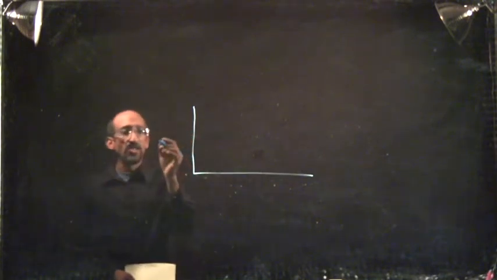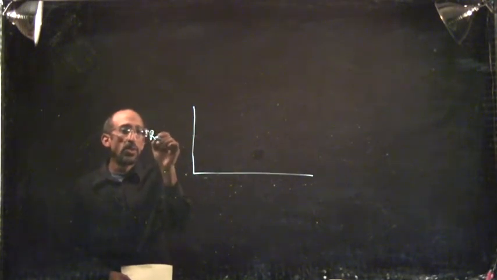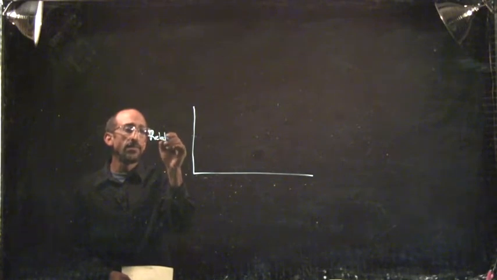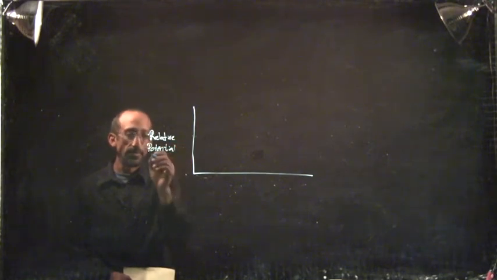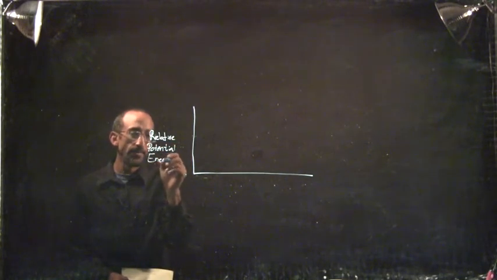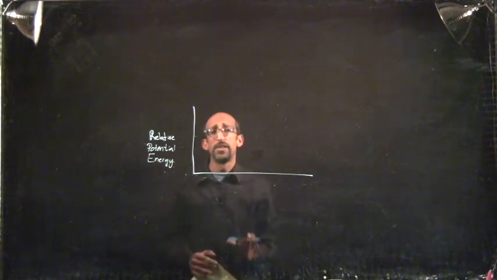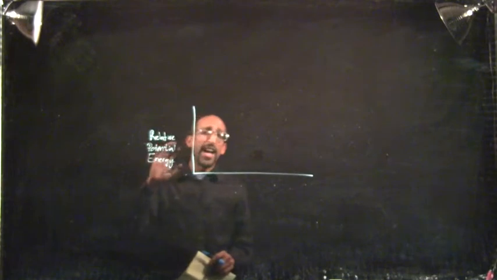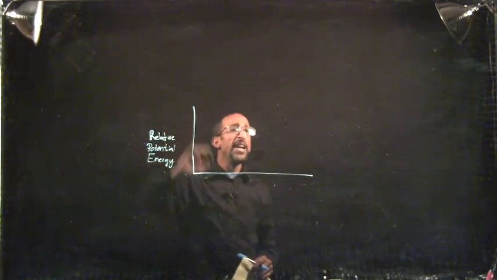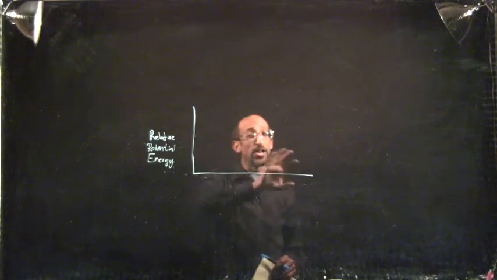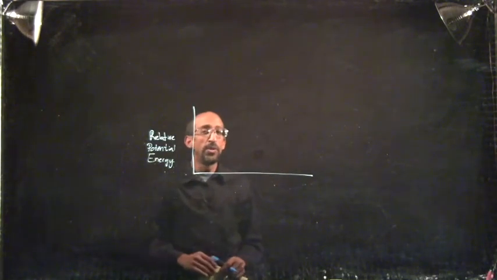Our y-axis is always relative potential energy. And the use of this word relative here is very important for our purposes. Typically, I won't expect you to put numbers there, and if I want you to use numbers, I'll tell you all the numbers and what you should be doing with them.